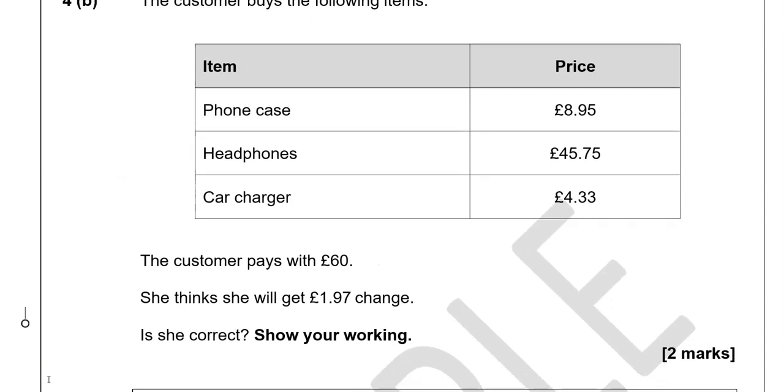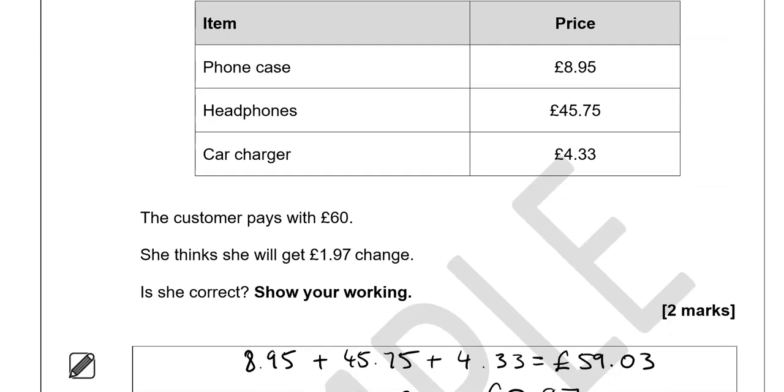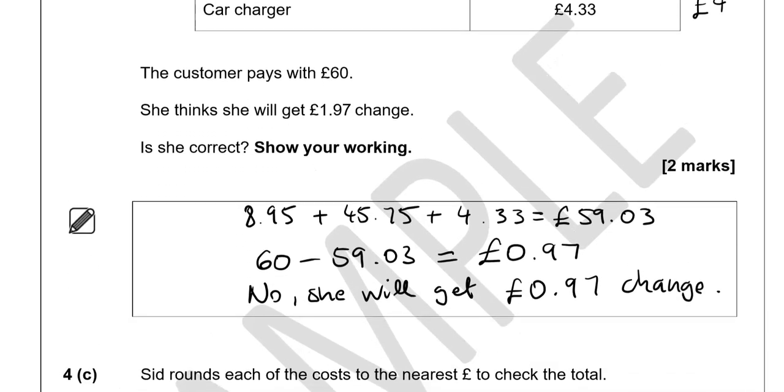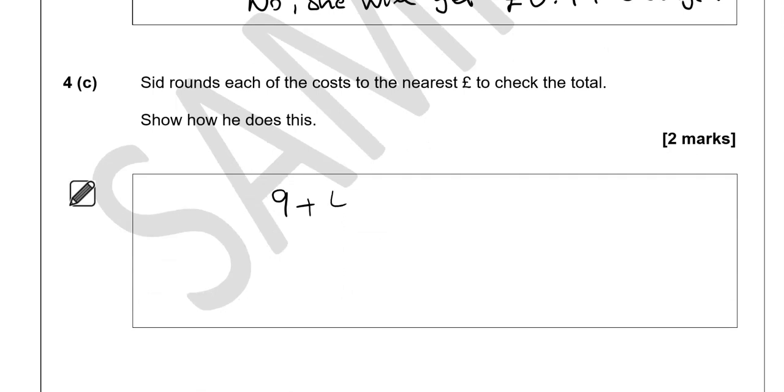So looking at the prices, £8.95 is closer to £9 than to £8. £45.75, that is closer to 46 than to 45, and £4.33 is closer to £4 than it is to £5. So adding 9, 46 and 4 gives us 59.